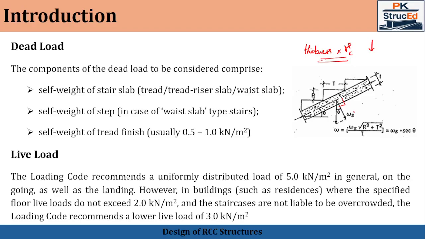That is why this load has to be converted to the vertical direction. Therefore, we use the relation W = Ws × √(R² + T²) / T, where R represents the rise and T represents the thread of the steps. In other words, if the inclination of the stair, theta, is known, we can use the relation Ws × secant theta to convert the inclined load to the vertical direction.